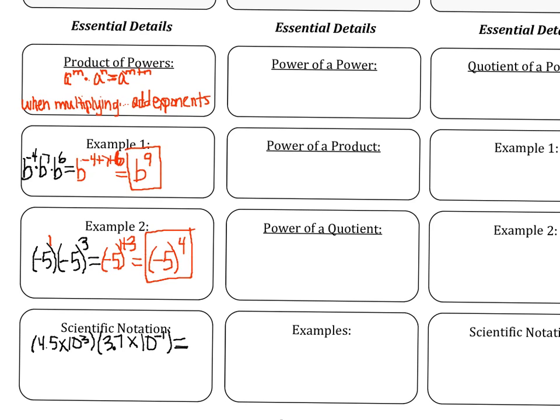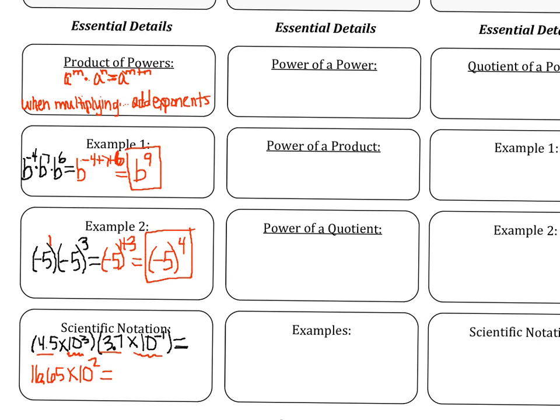So what we need to do is first combine our numbers, 4.5 times 3.7. That'll give us 16.65 if you multiply them together. Now we're going to combine our powers, so that's times 10 to the, and if you add your exponents, since we're multiplying, 3 plus negative 1 is 2.